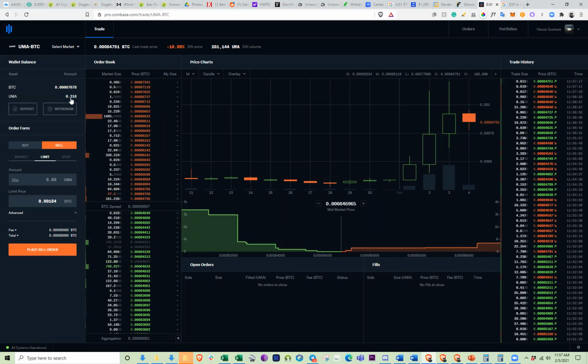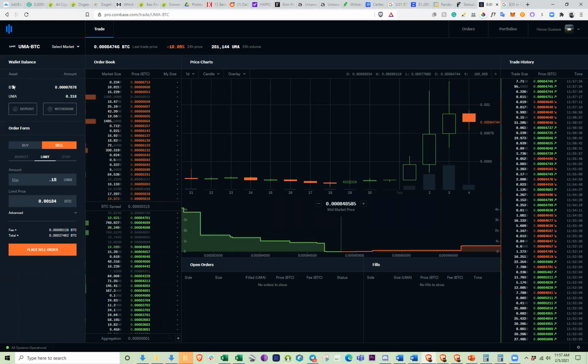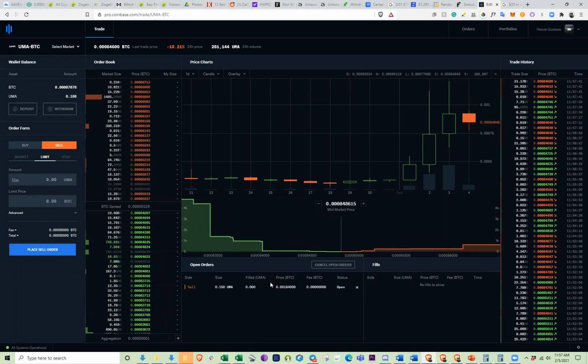And I noticed that I have 0.31 UMA, and I only want to sell half of that. So just a rough estimate, sell 0.15 of it at this particular price. So hit place order, and now that sell order is open.